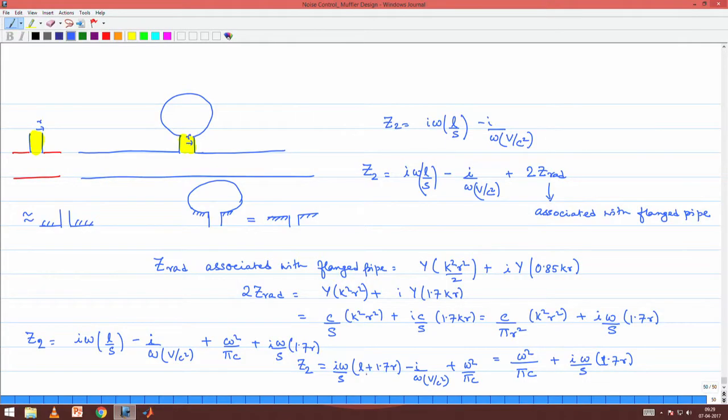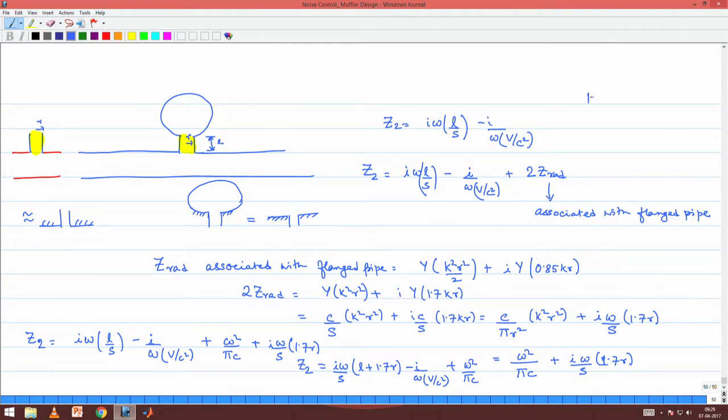So, the import of this formula is that the length of this Helmholtz resonator is actually changed from its physical length to a quantity which is 1.7 times the radius of the hole. So, 1.7 times the radius of the hole adds to the physical length of the Helmholtz resonator through this calculation.